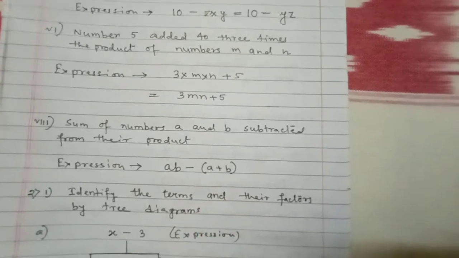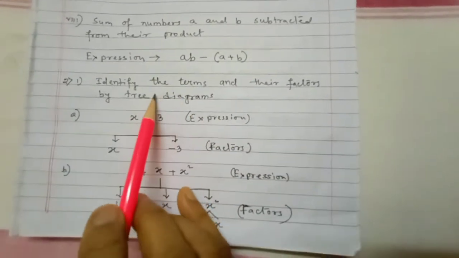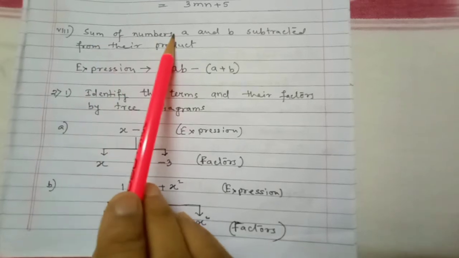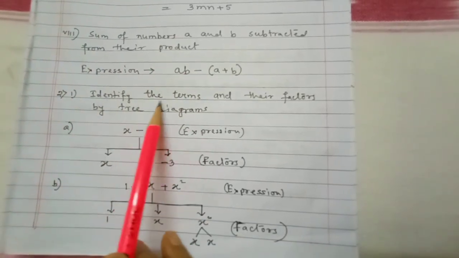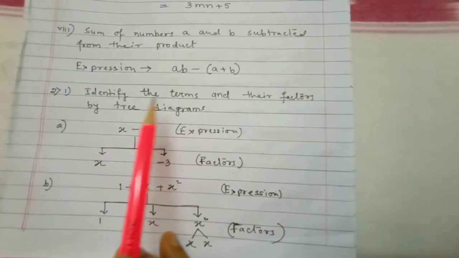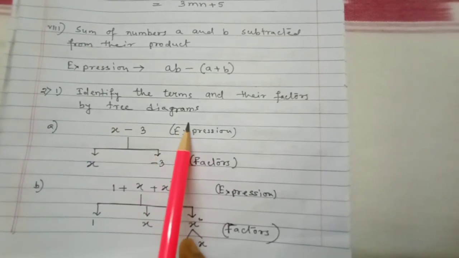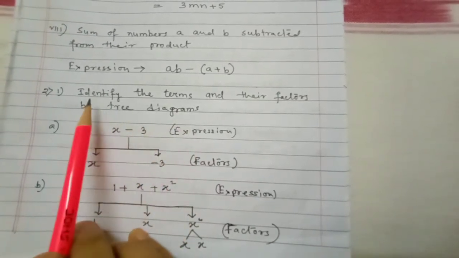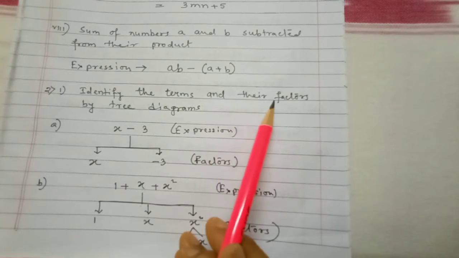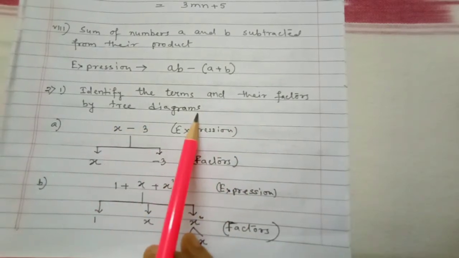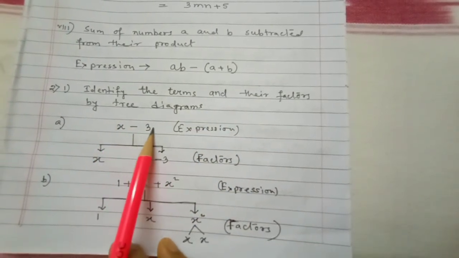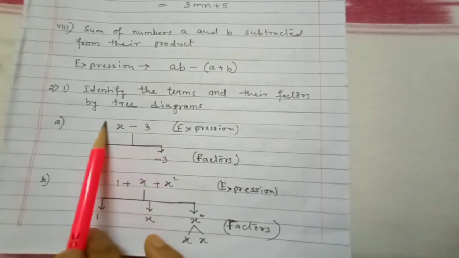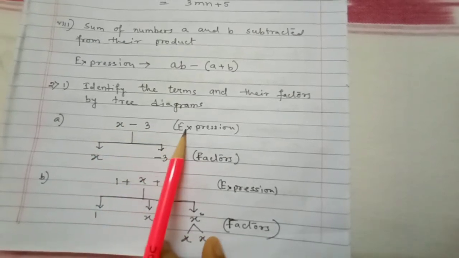Now the next one is very interesting and I hope you all will enjoy this. Identify the terms and the factors by tree diagrams. See, this is an expression, x minus 3. I have written the expression on the right side.